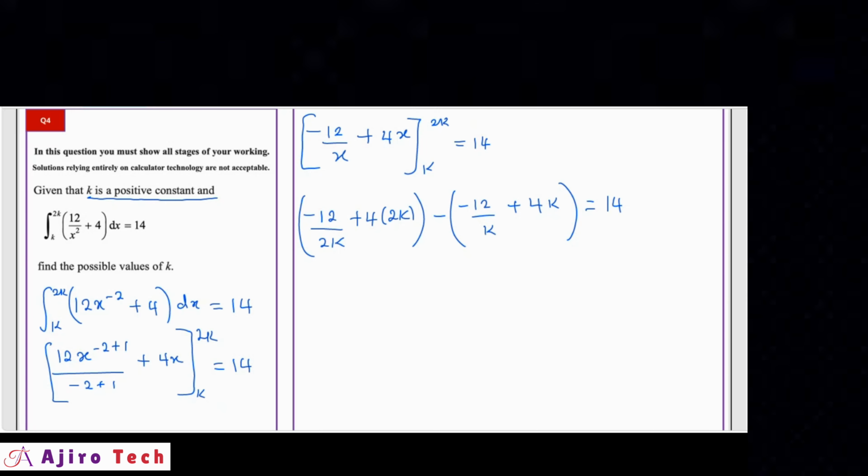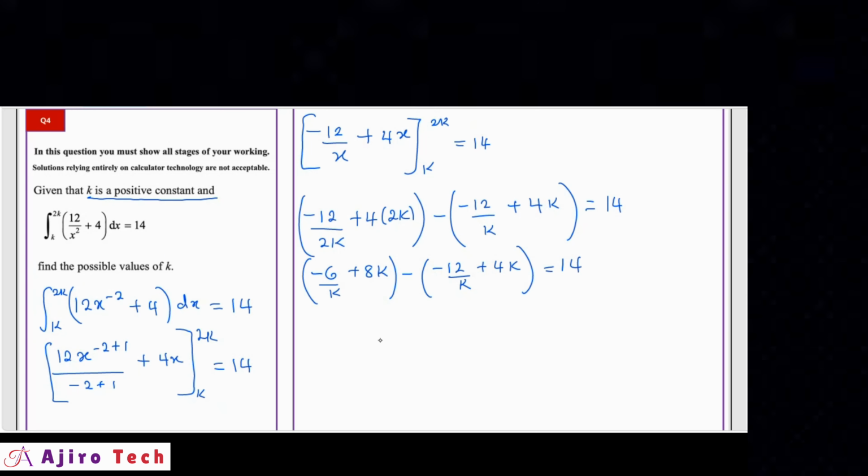So from here we have negative 6 over k plus 8k, minus 12 over k plus 4k equals 14.